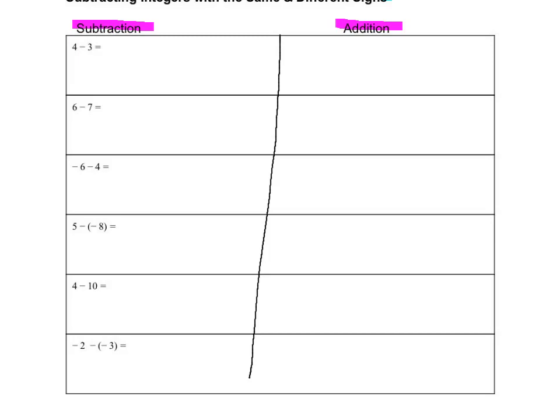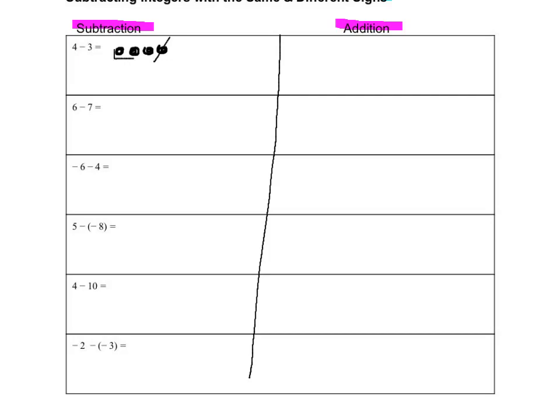So the first one is a problem that you would typically have seen back in early elementary, 4 minus 3. That is not a difficult problem for you as a 7th grader, but it's good to still be able to model that, where we have 4 positive chips on the board. I have to take away 3 of those, so 1 goes away.